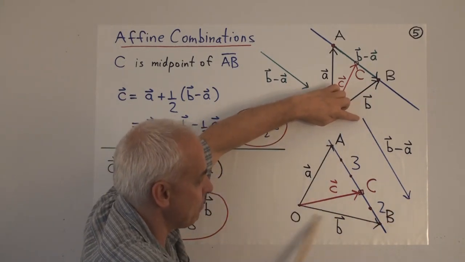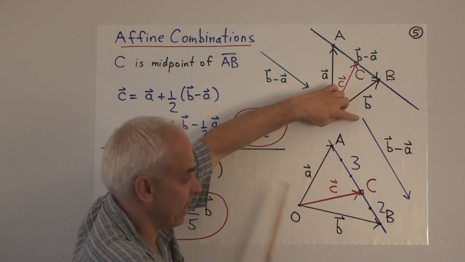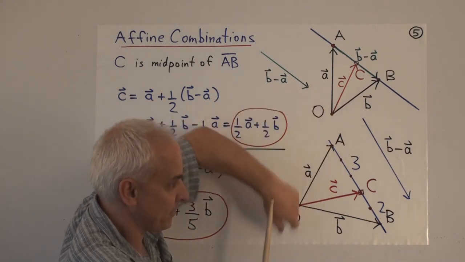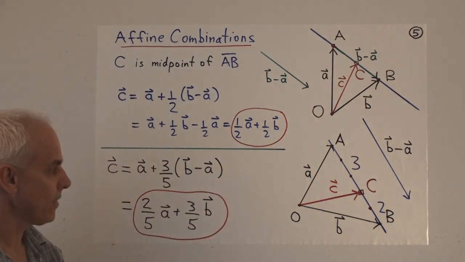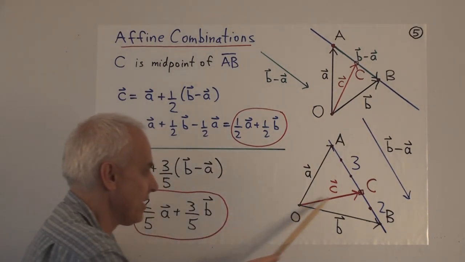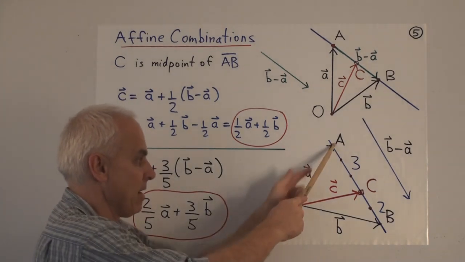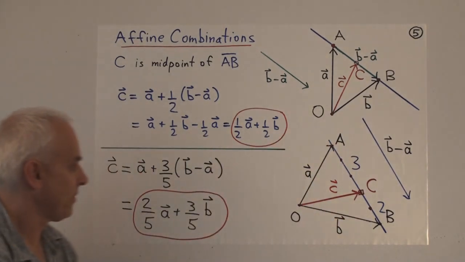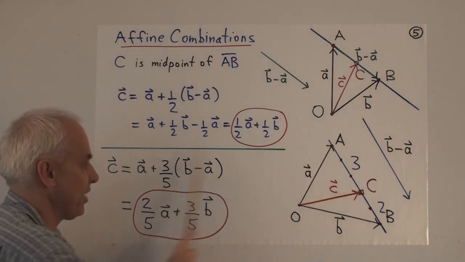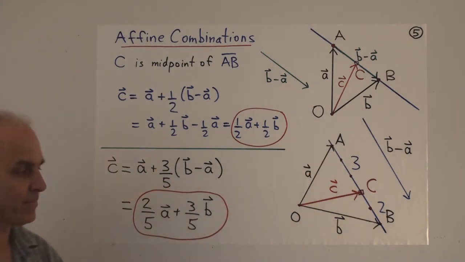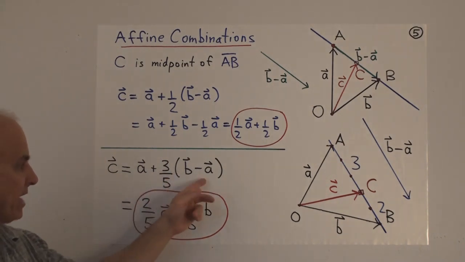That vector is b minus a, because it's going from the head of a to the head of b. So how do we describe the vector c? It's the sum of the vector a plus this vector. And this vector is 3/5 of the vector AB. In other words, 3/5 of b minus a.